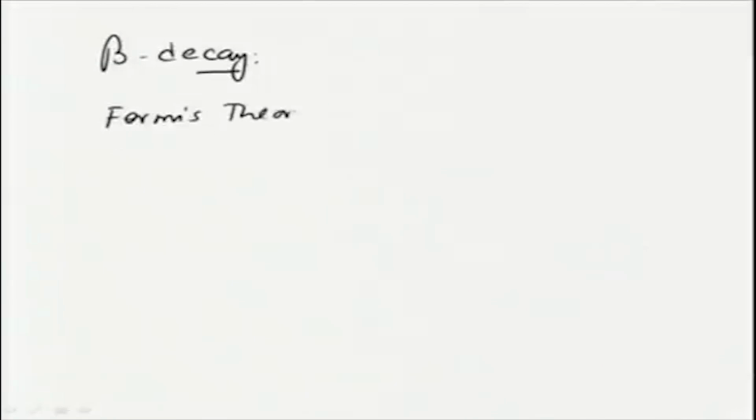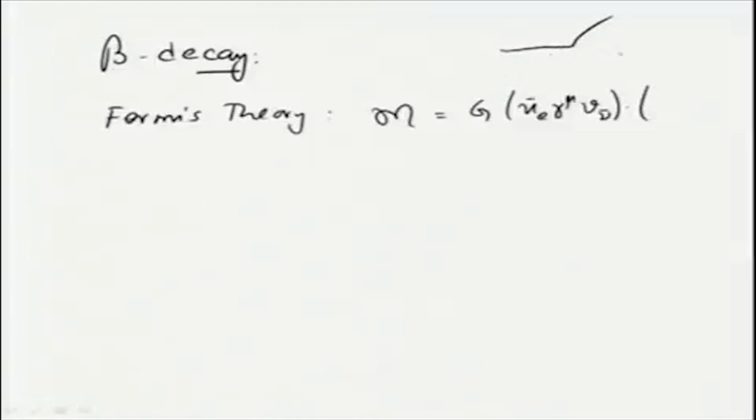Fermi's theory was that you consider the invariant amplitude like two currents interacting with each other: u_e bar gamma mu v_nu bar, which is one current, the electron anti-neutrino current, and the other one is neutron going into proton, that is, u_p bar gamma mu u_n.